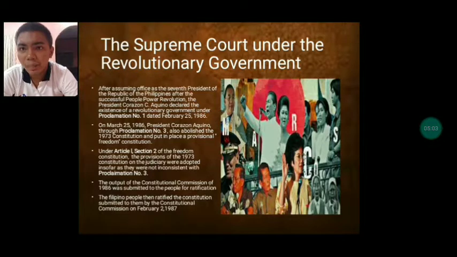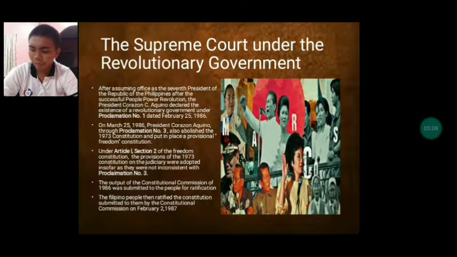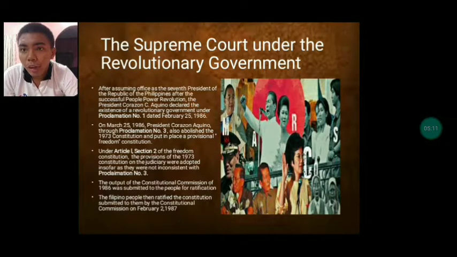Let's proceed to the Supreme Court under the revolutionary government. After assuming the office of the 7th President of the Republic of the Philippines after the successful People Power Revolution, President Corazon Aquino declared the existence of the revolutionary government under Proclamation Number 1 dated February 25, 1986.